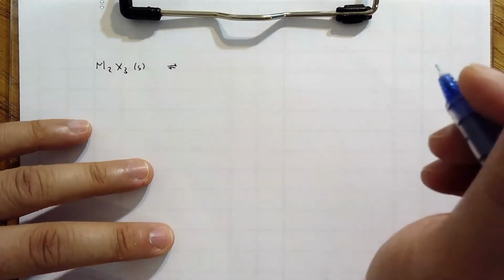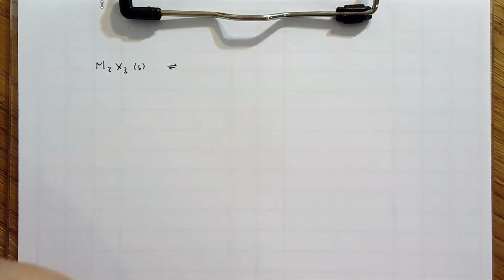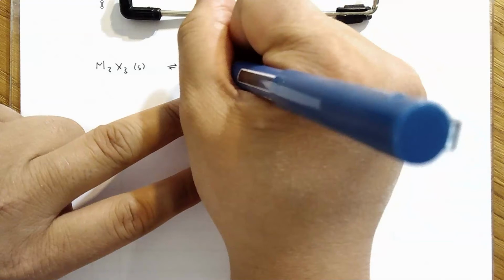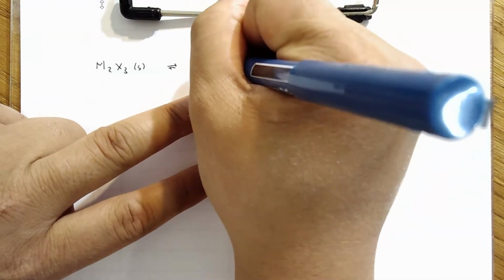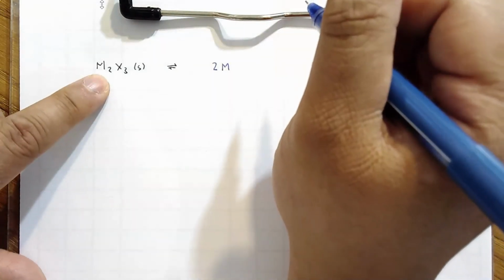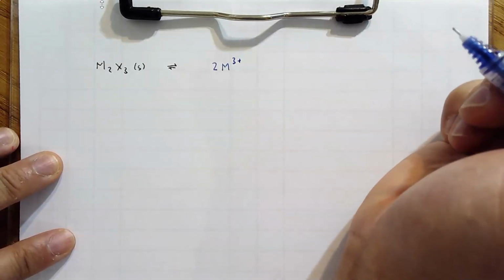Okay. Well, we're going to pretend that this all dissociates or ionizes, same thing. And we have two metal cations. Those two metal cations have a 3 plus charge.